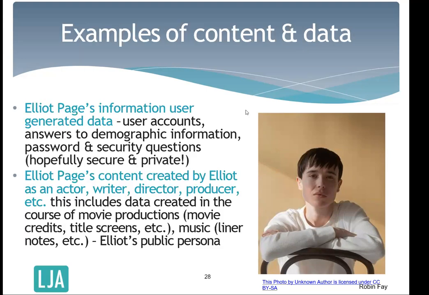So of course, when we look at Elliot's identity data as a whole, we look at user generated data. So this would be their user accounts, answers when they fill out demographic information. Well, that information changed, right? Password and security questions. Hopefully password and security questions are private and secure, but all that data that we create is part of that user generated data, where we create some data about ourselves.